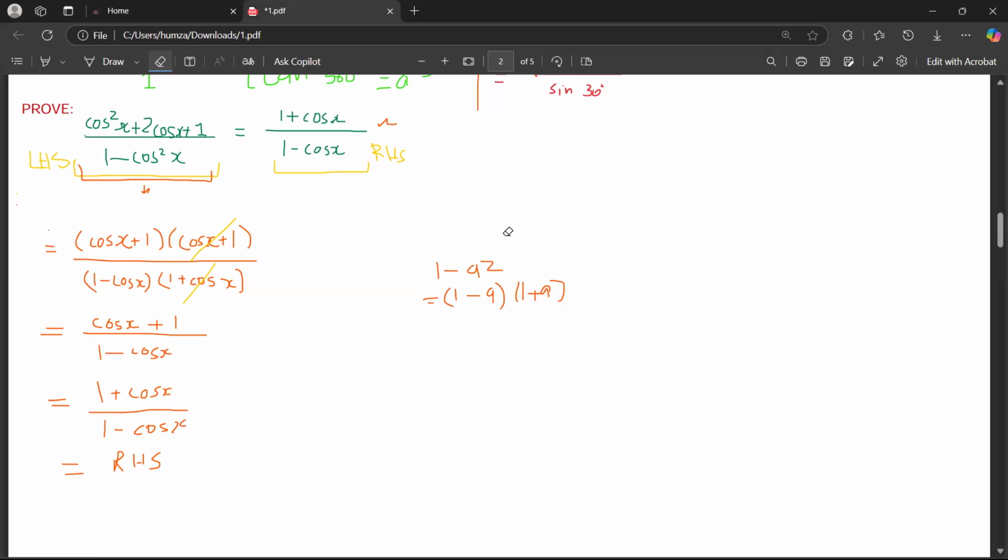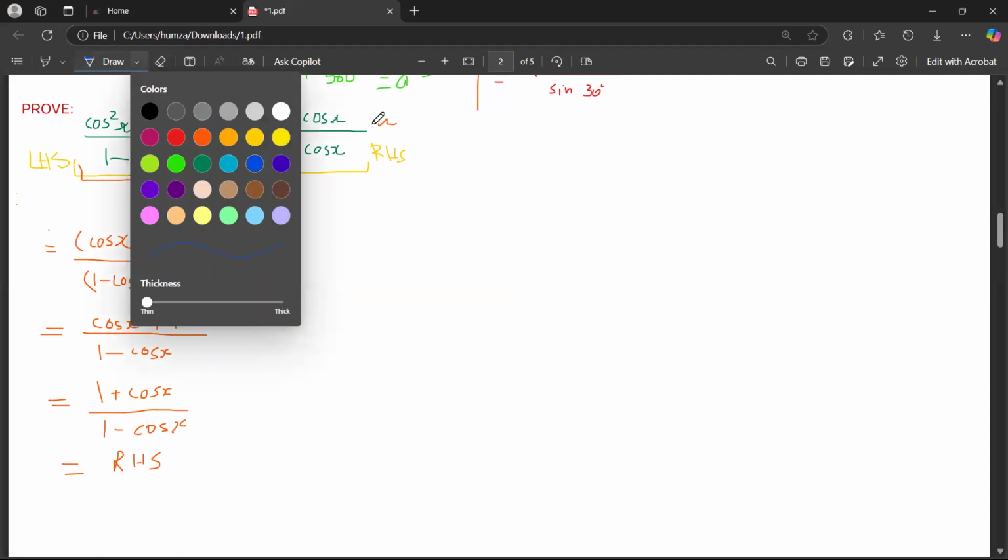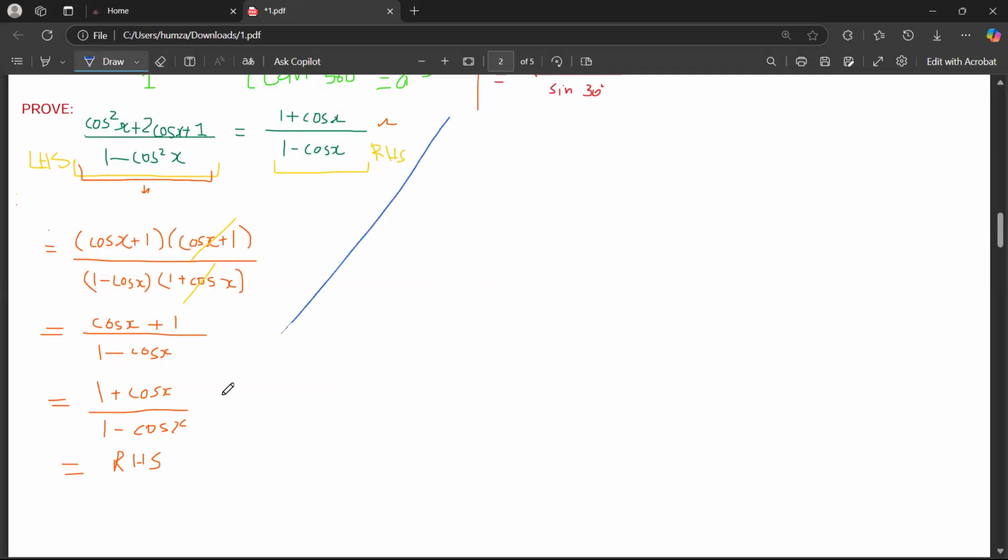We don't need this anymore. We are going to look at the compound angle for cos A minus B. Now, let's just divide this part like this.